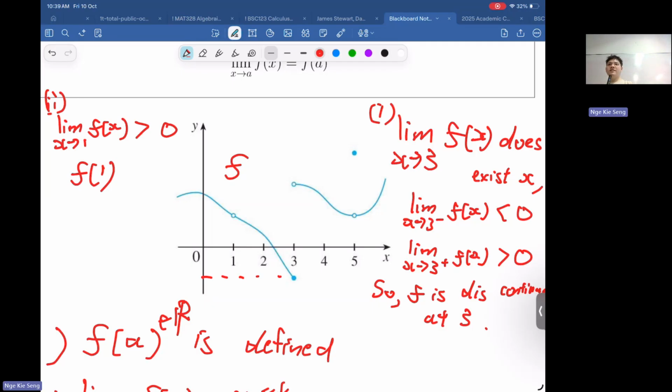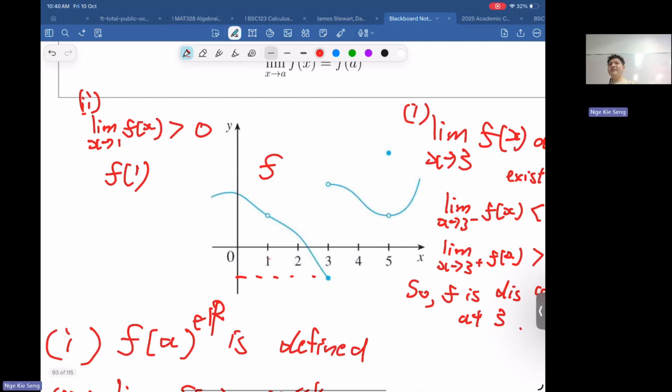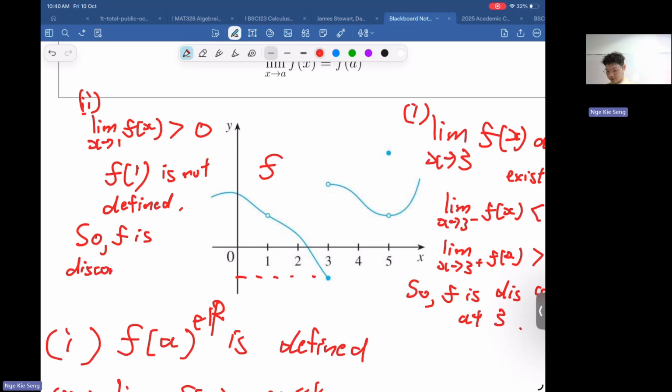Do you understand what this dot means? It means nothing. So f(1) is not defined. So f is discontinuous, or not continuous, at x equals 1.